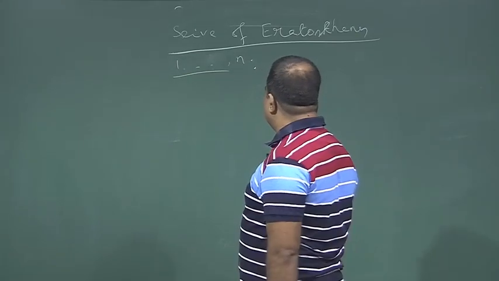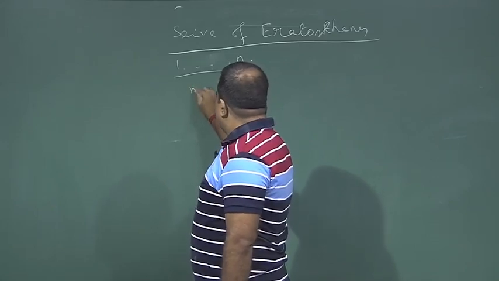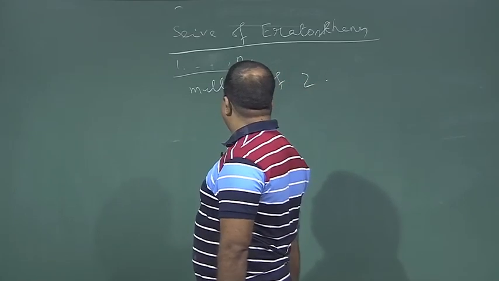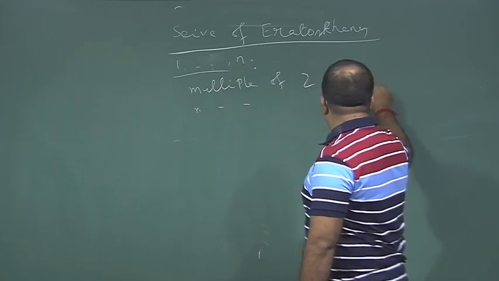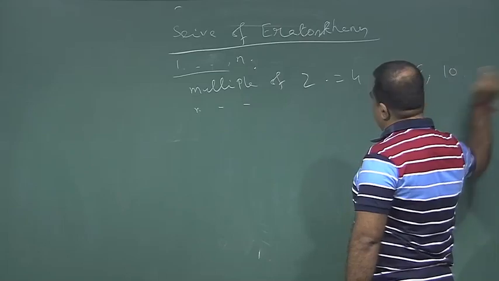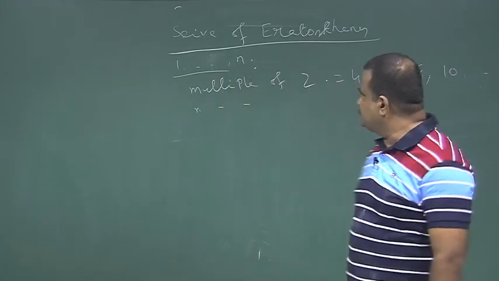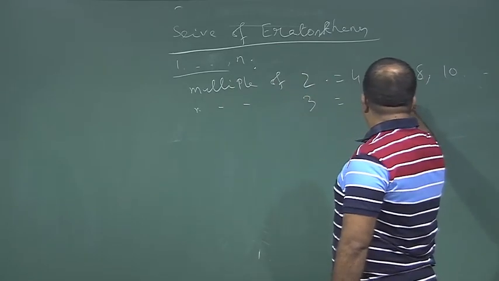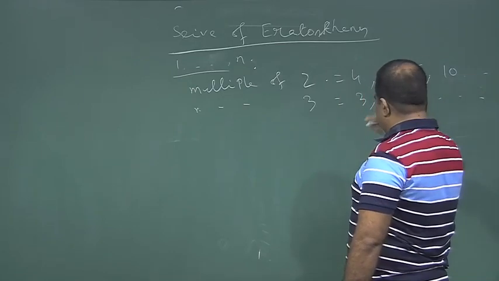For deleting, what do we do? We first delete all the numbers which are multiples of 2. So multiples of 2 means 4 we delete, 6 we delete, 8 we delete, 10 we delete, like this. Then we delete all the multiples of 3, like 9, 15, since 6 is already deleted. Then multiples of 4 come under multiples of 2.